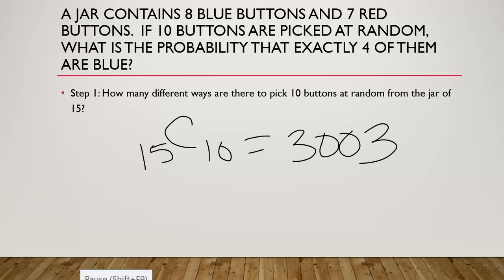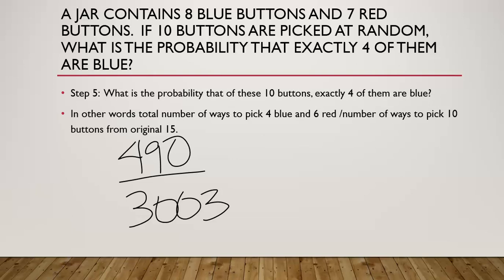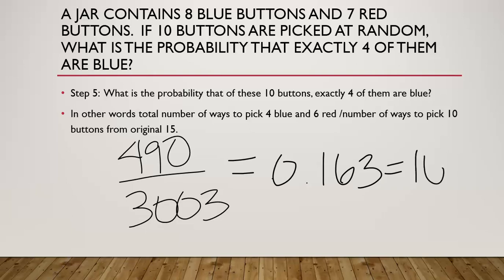And the total number of ways to pick 10 buttons came back from step 1. 15 choose 10 was 3003. So my probability is 490 out of 3003. You can change it into a decimal or a fraction. So dividing that out, that's 0.163 or 16.3%. As you can tell, these problems are multi-step, so go through step by step and take your time.